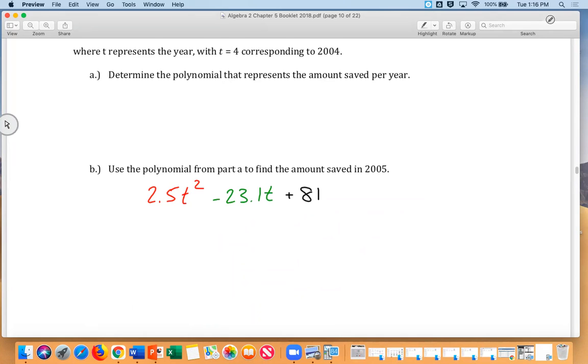Well, up top we had 2004 corresponding to 4, so 2005 corresponds to what, Owen? 5. So I'm just going to plug 5 in for this. All right, so I'm going to have 2.5 times 25. Well, 25 times 25 is what? 625. So it's going to be 62.5? Is that right? 25 times 2.5? It's 62.5?